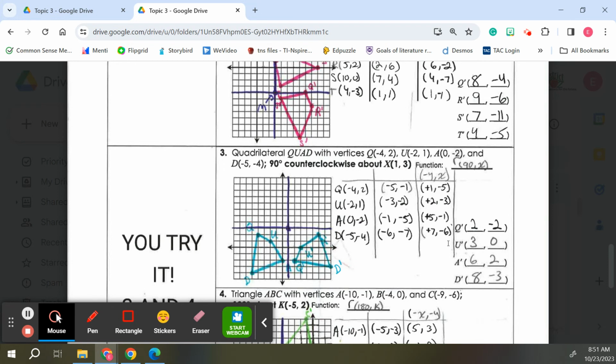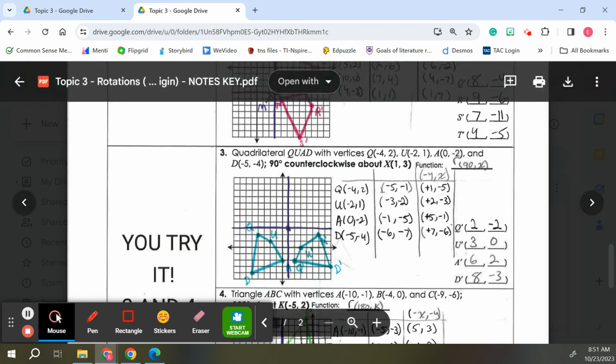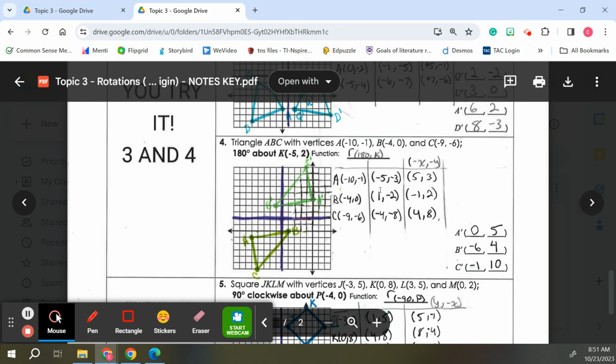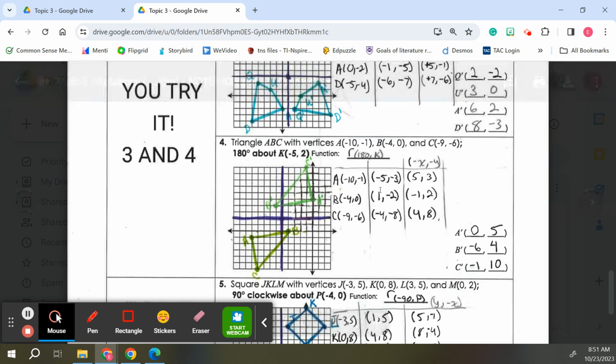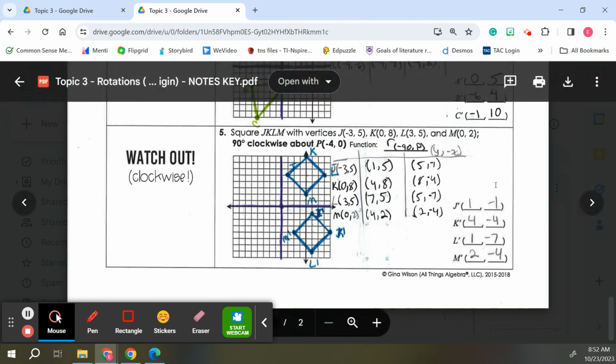Thursday. All right, shh, guys. Here's number 4. Any questions on number 4? All right, then here's number 5.